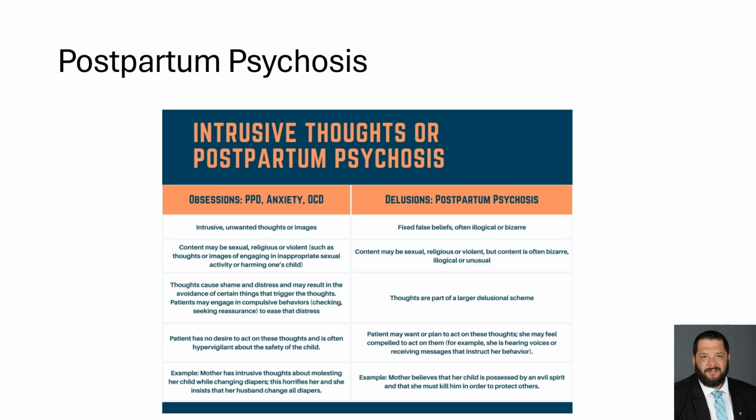These are thoughts that are generally derived from the biochemical changes that are taking place at the hormonal level postpartum and can be very, very serious and very deleterious. It's important that we recognize the potential for these in the postpartum patient.